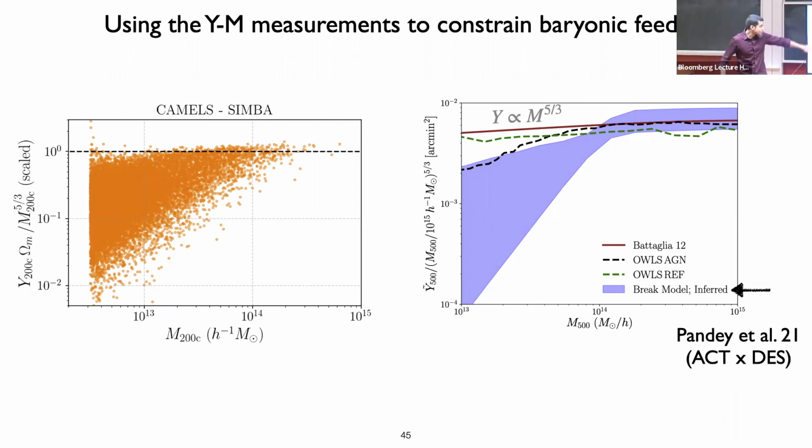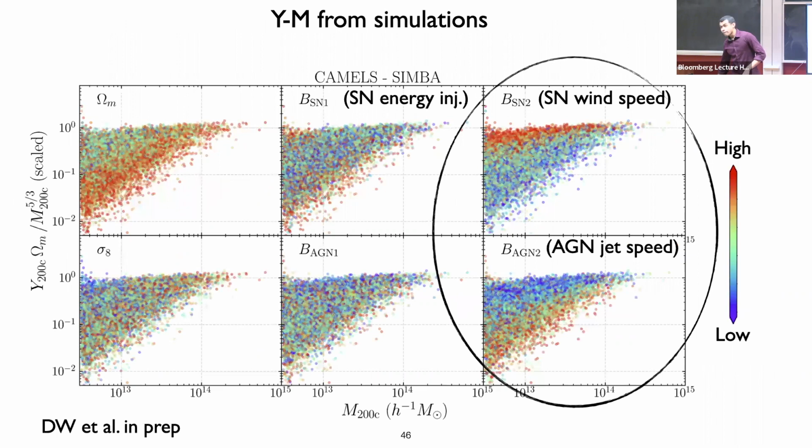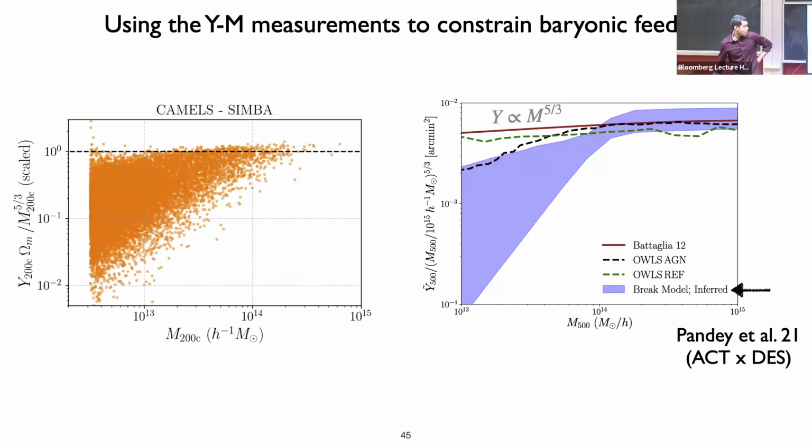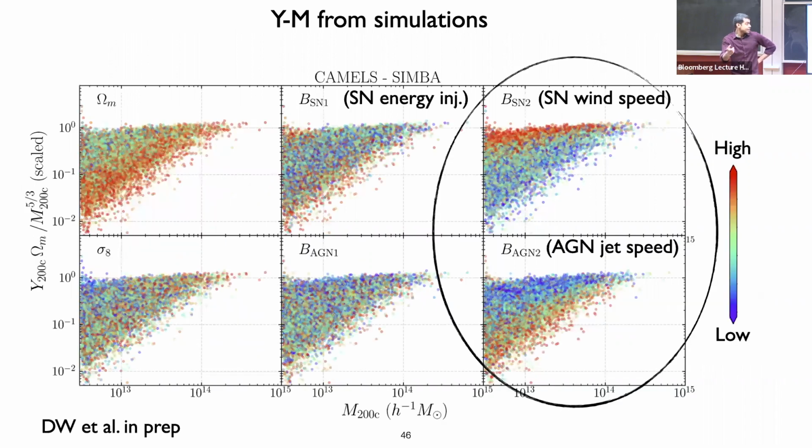Because this plot is composed of many different simulations with different feedback subgrid physics parameters. Oh, so it's not that this scatter is when you look at different halos, but it also includes looking at different prescriptions. Yes, yes. So if you were to keep one of the simulations, it would be a much tighter relation. I see. Yes, and I think this question is also better addressed in this plot.